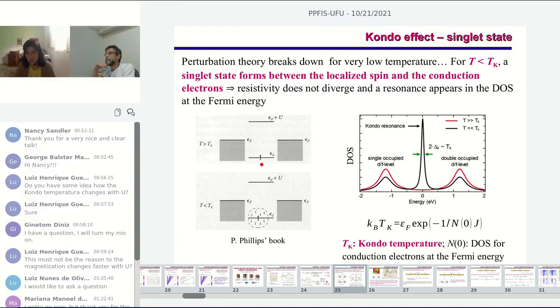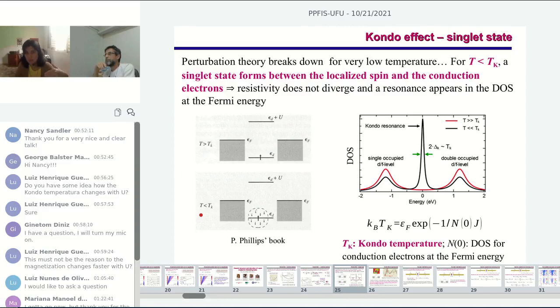And the impurity is in a metallic host, so the metal is represented here by this band, and there is some hybridization between them. So if we look at the density of states as a function of energy, because of this hybridization, the density of states has two bands, one around epsilon d and another one around epsilon d plus U. This is for temperatures above the Kondo temperature.